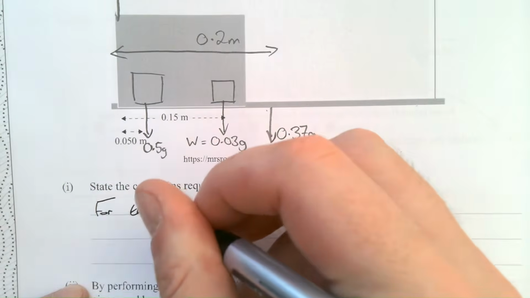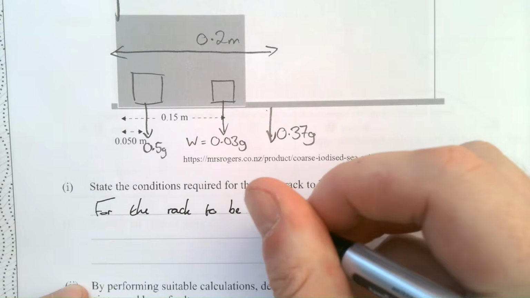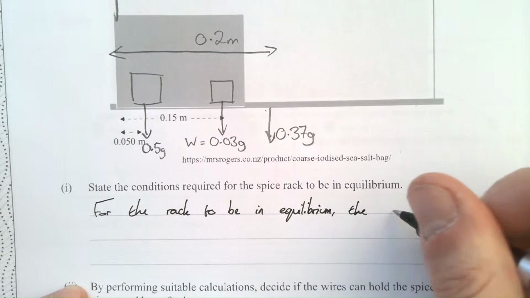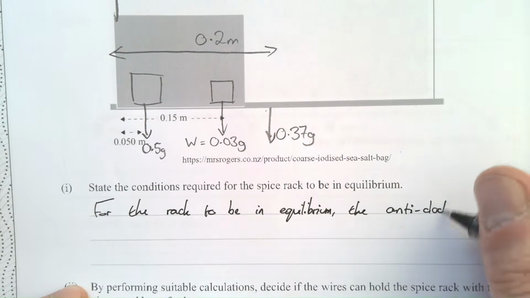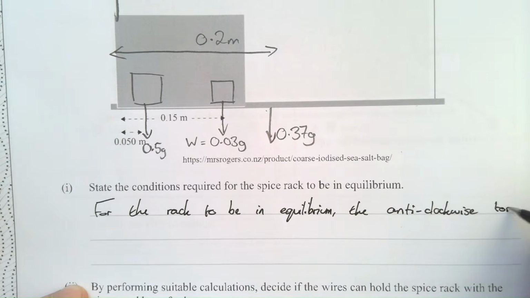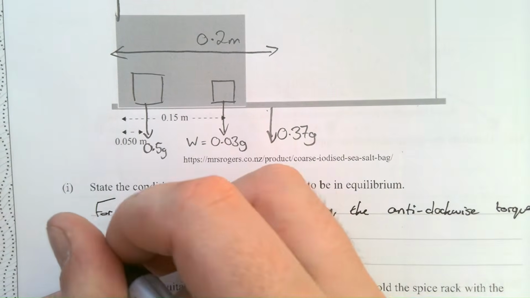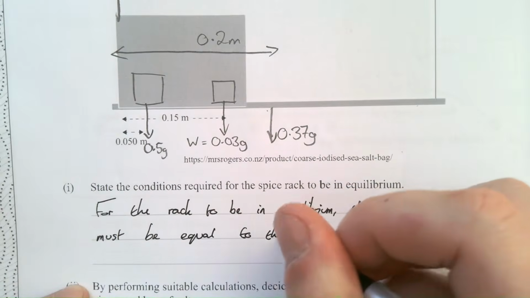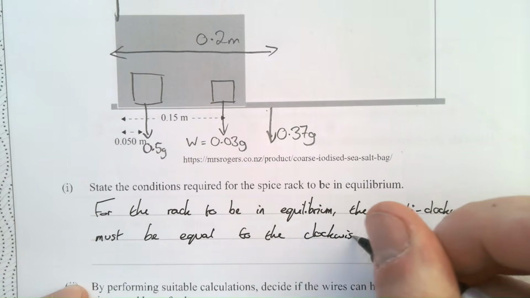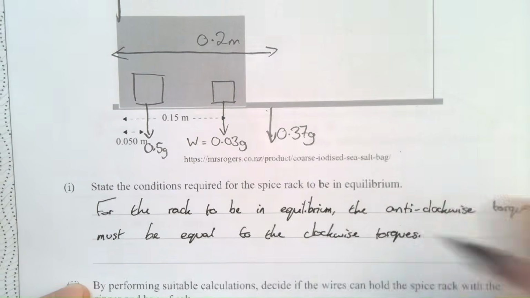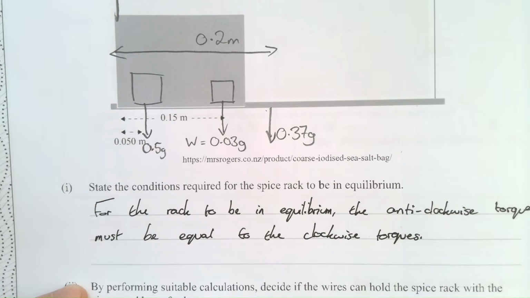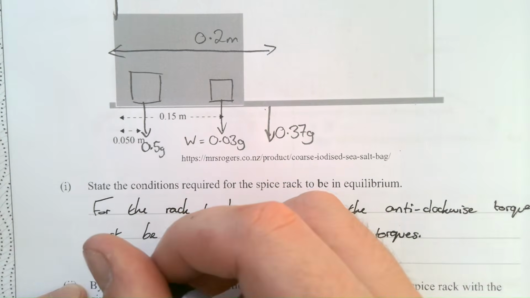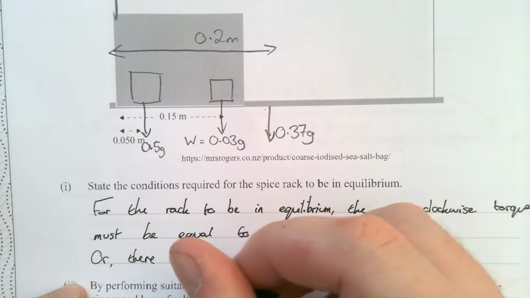For the rack to be in equilibrium, the anti-clockwise torques must be equal to the clockwise torques. That is to say, or you could say differently, simply that there is no resultant torque.